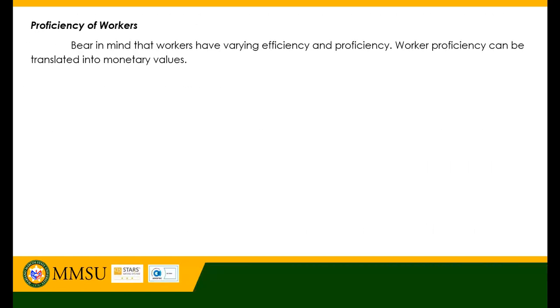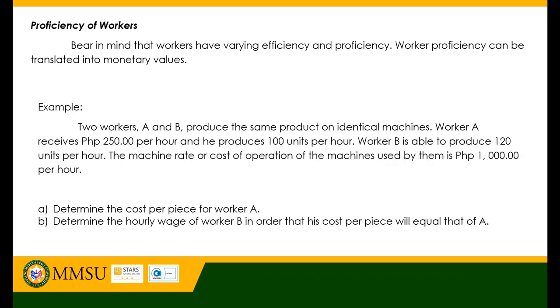Another situation is proficiency of workers. No? So proficiency of workers. Example tayo dito. Two workers A and B produce the same product on identical machines. Okay. Worker A receives 250 pesos per hour, and he produces 100 units per hour.